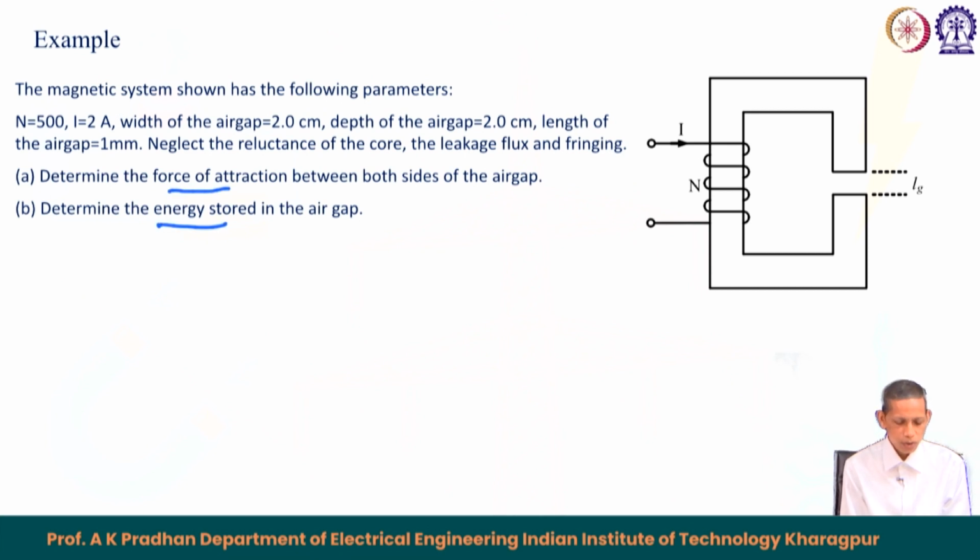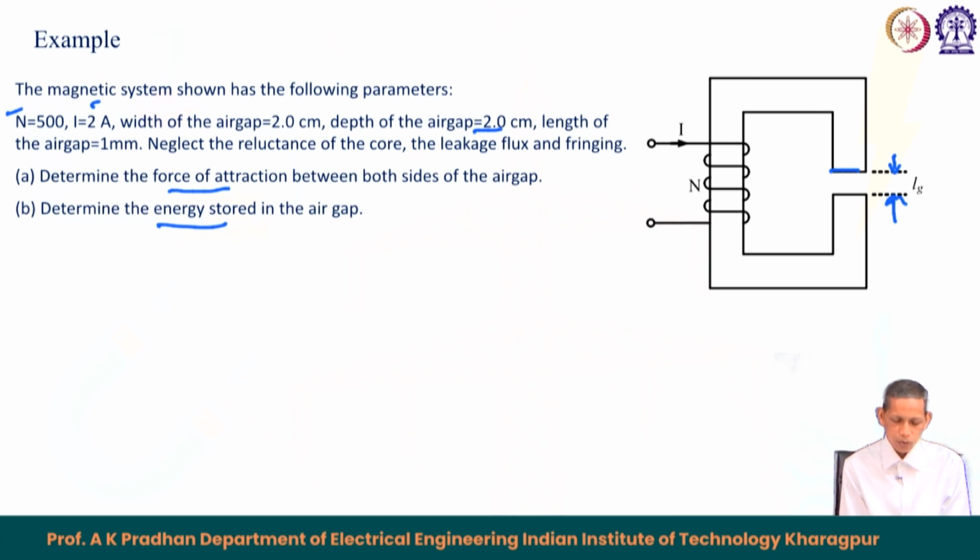Let us see this example. The magnetic system shown in the figure here has number of turns of 500, and the current flowing, I, is 2 ampere DC. The width of the air gap is 2 centimeter, the depth is again 2 centimeter, and the length of the air gap is 1 mm only.